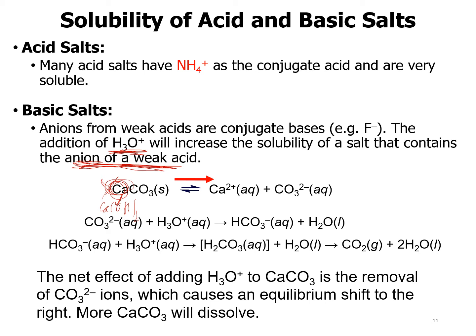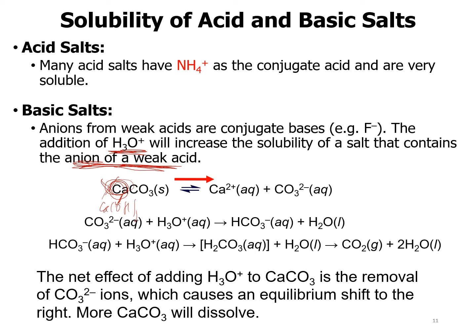So the dissolution or solubility of calcium carbonate will be in this equilibrium. Calcium carbonate dissociates to give us calcium ion and carbonate ion. Now if I add some acid from outside, it is going to disrupt this equilibrium. How? Acid is going to react with carbonate because carbonate is a weak conjugate base, like we just figured out.